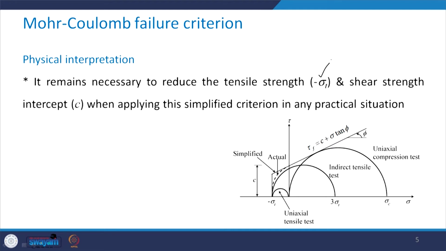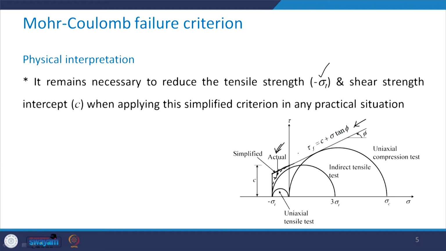Why is it so? You can see here that this dotted line gives us the actual value of the strength characteristic. However, by extrapolating the Mohr Coulomb failure criterion, we have got this simplified version.